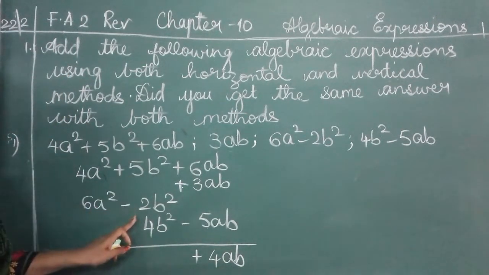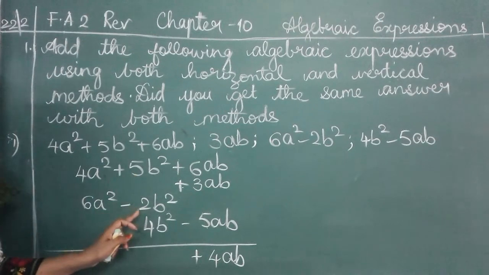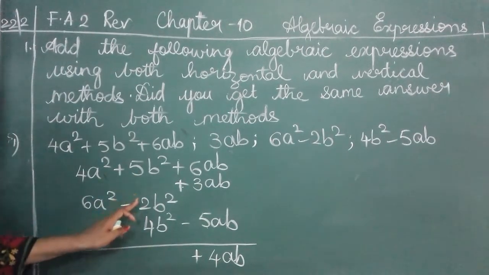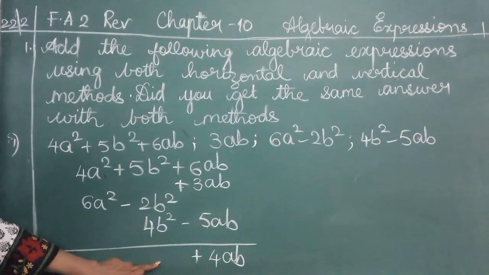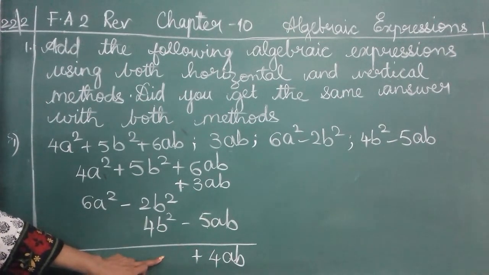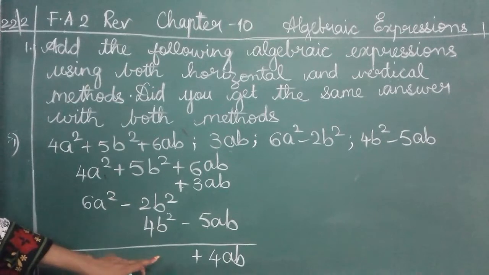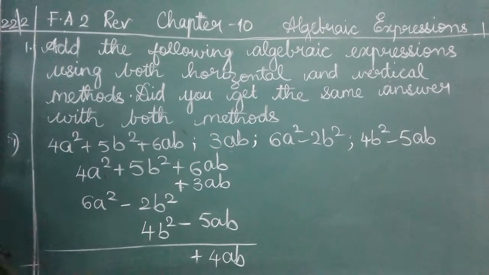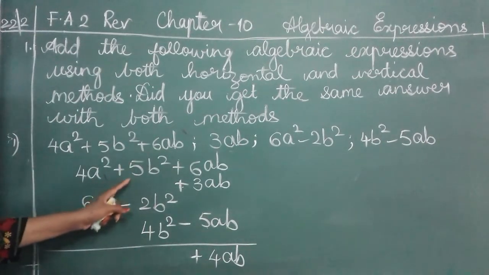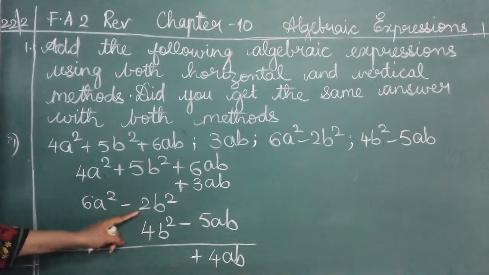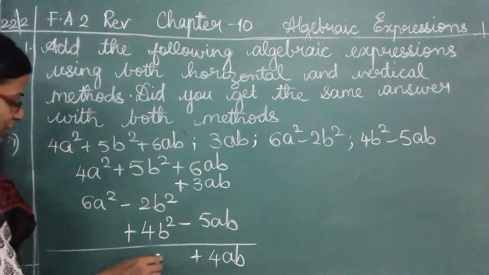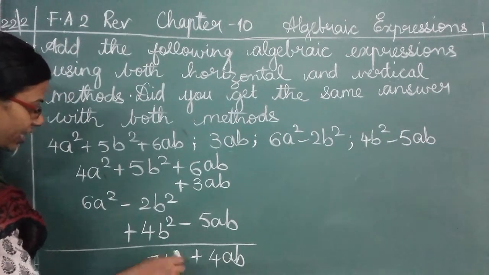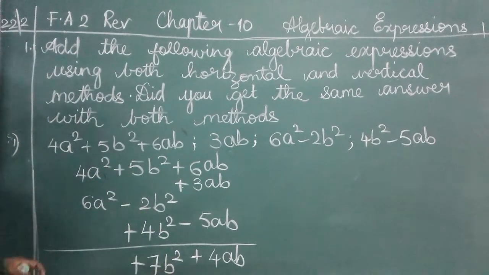Then 5 minus 2. 5 minus 2 is 3, and 3 plus 4 is 7b square. So here you can see that 5 minus 2 is 3, 3 plus 4 is 7b square, and it is going to be a positive sign.